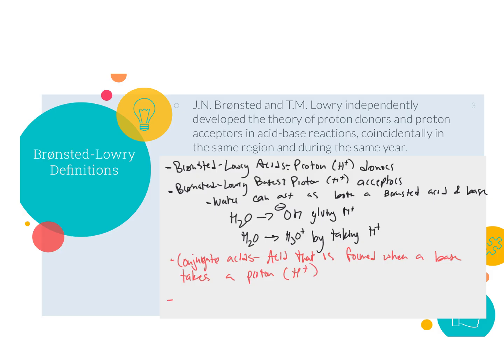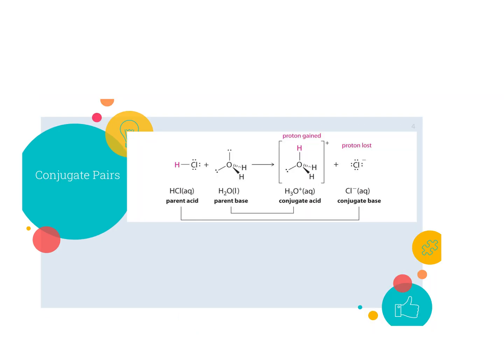And then similarly, the conjugate base is the base that forms after an acid has donated its proton. Again, H plus. And so this right here is an example of a conjugate pair.